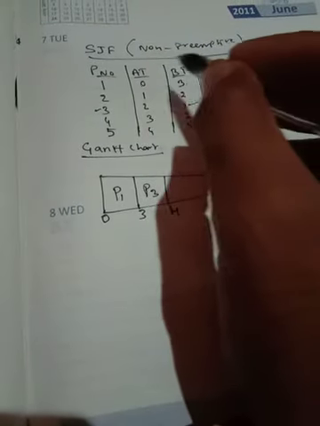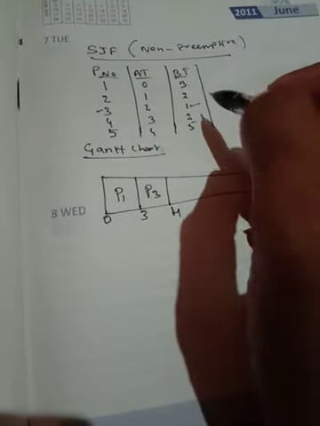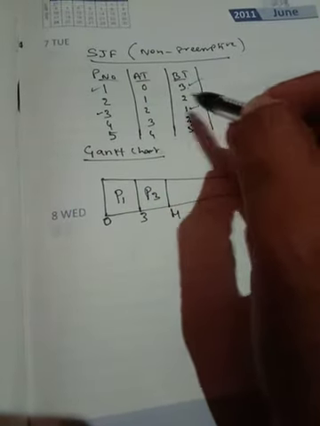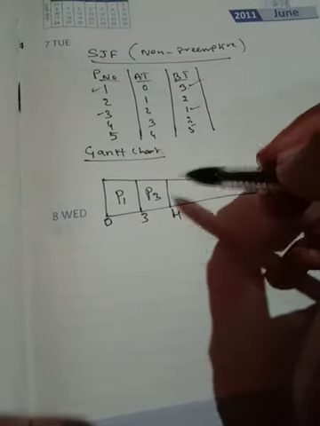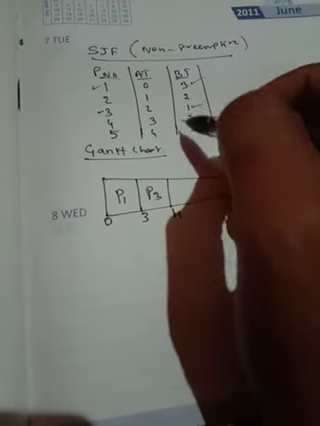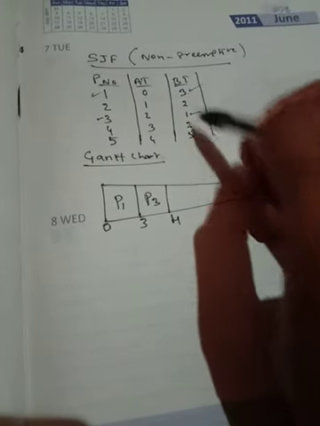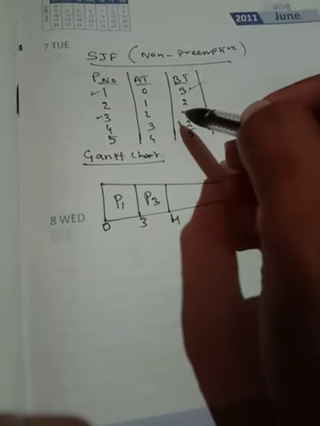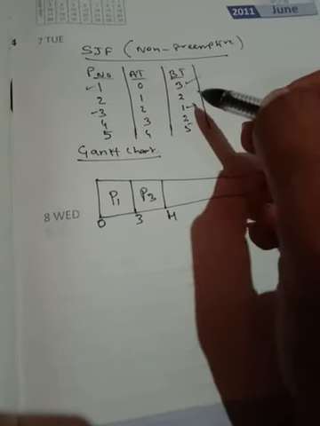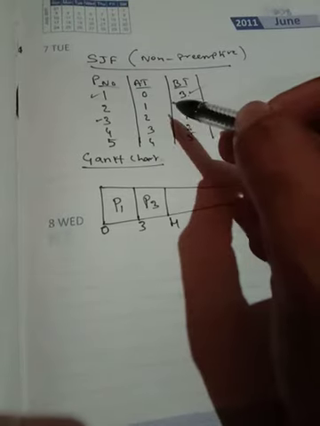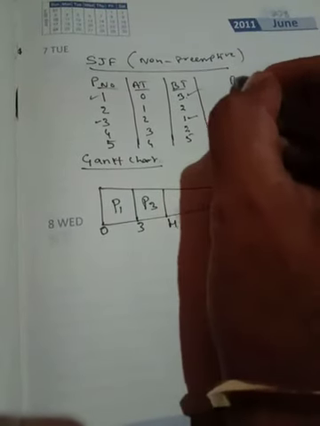After that, which will be the next shortest time? It is both P2 and P4, so again you are having this dilemma. Both processes have the same burst time. In the previous video I said if the burst time, or burst CPU cycle, is the same, then it will again go in FCFS fashion.